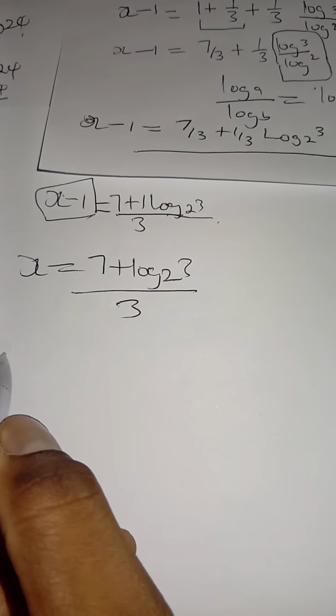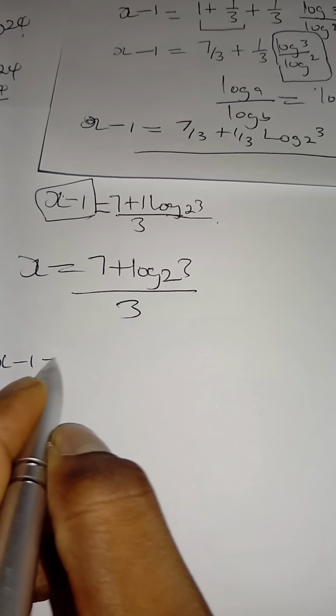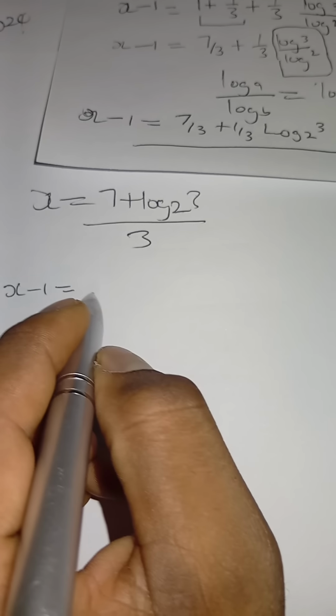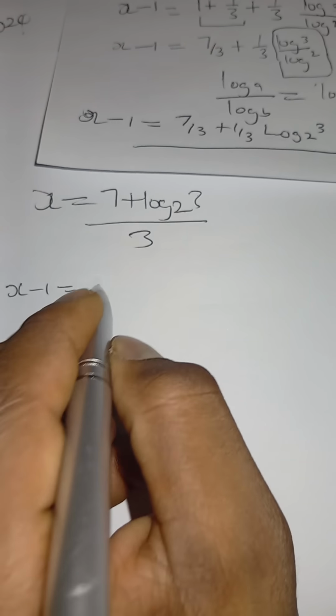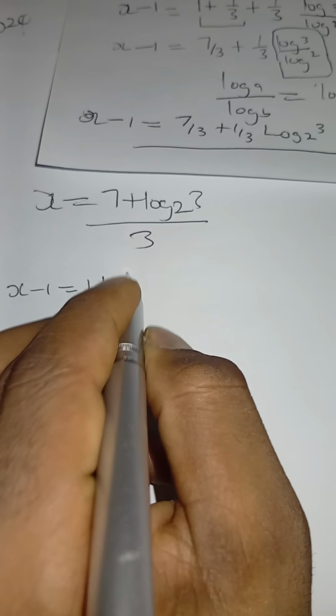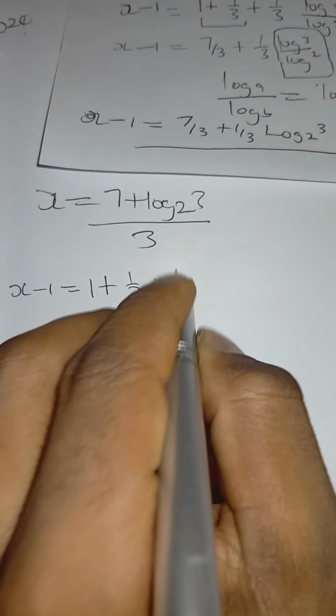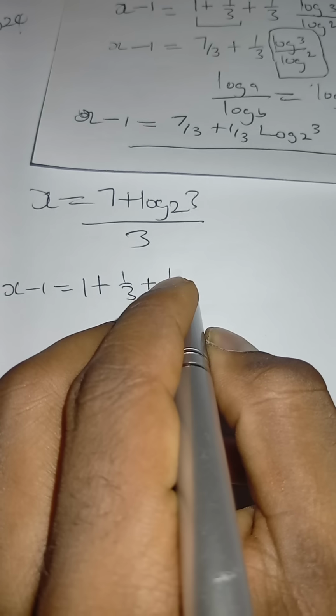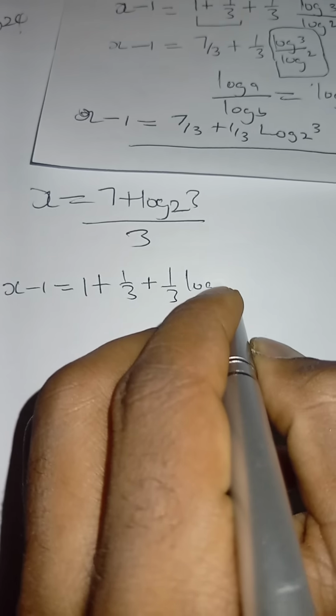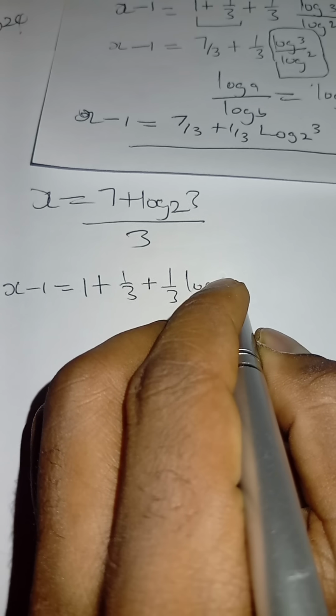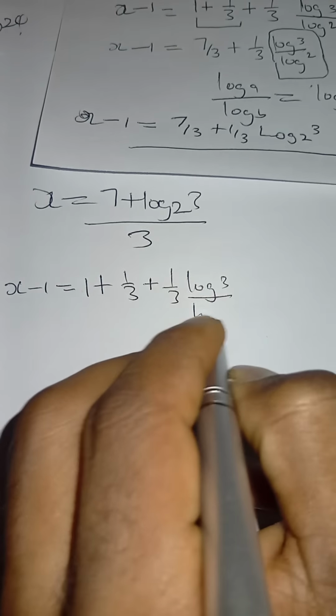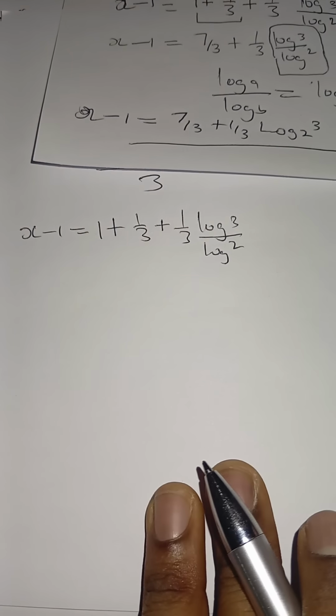We say x minus 1 is equal to 1 plus 1 over 3 plus 1 over 3 log 3 over log 2.